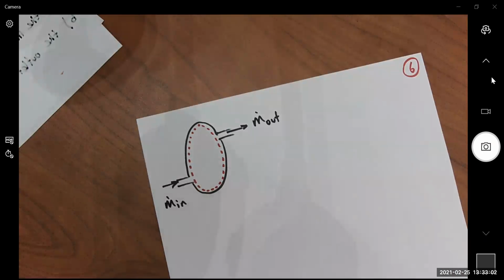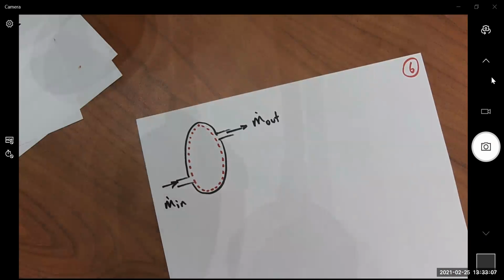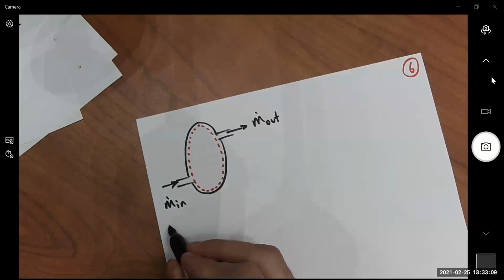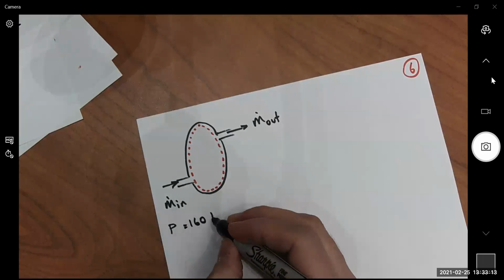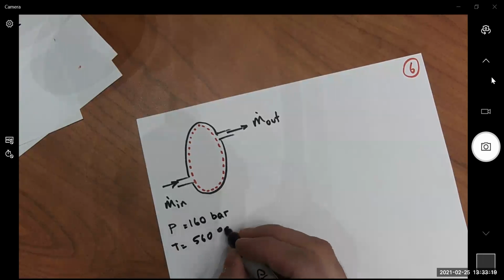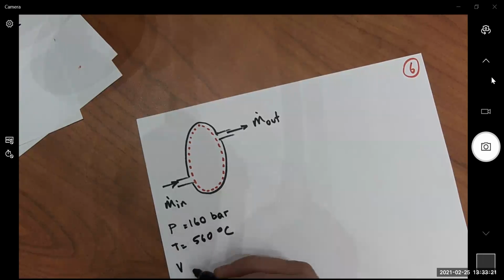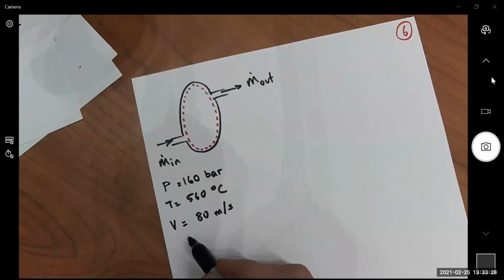At the inlet, it says pressure is 160 bar, temperature 560 Celsius, velocity is 80 meters per second, and it's steam.